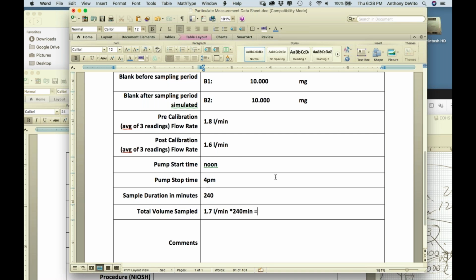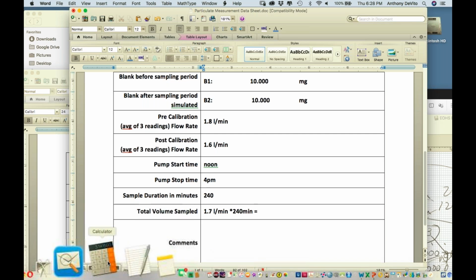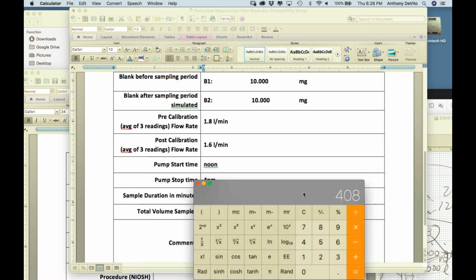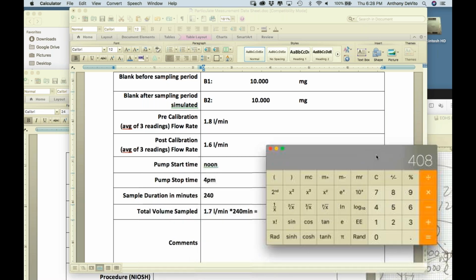The minutes are going to cancel out. It's going to be equal to, I can't do that in my head. I might have been able to at one time, but 17 times 240 is equal to 408 liters of air that we sampled. Remember that now we know that's how many liters of air we sampled.